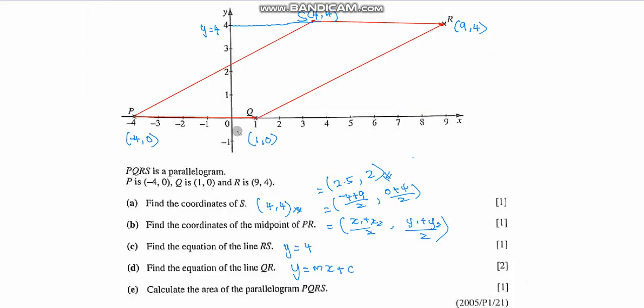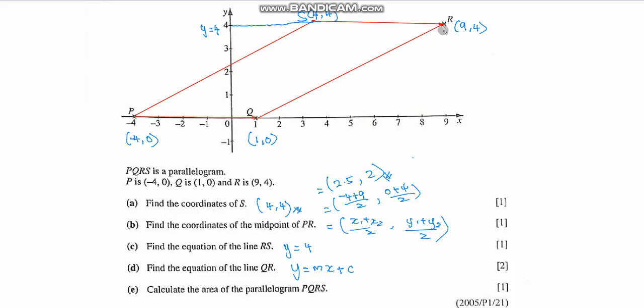So it could be somewhere above the minus 1. So you cannot do guesswork. What you have to do is find the m first, the m of this QR, and then from there pick either Q or R and substitute in order to find c. Okay, first you have to find the m.